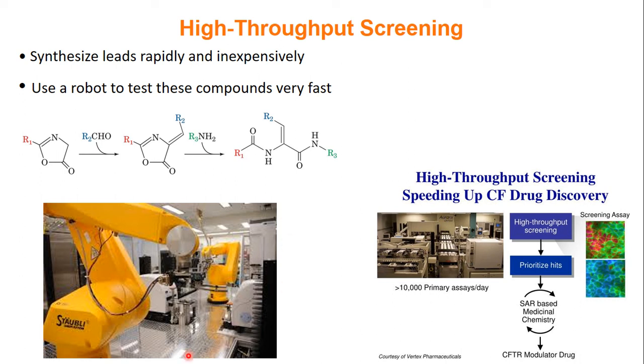Then a robot tests how well these drugs bind to your enzyme. With this, you can do roughly 10,000 assays a day. You can test 10,000 different drugs on your target per day, see which one's the best hit, and further refine from there. So computational and high throughput screening are ways that we can narrow down what drugs are useful for us.